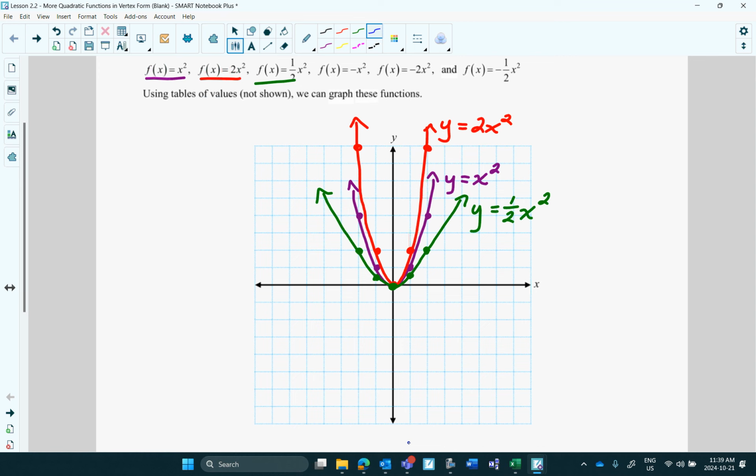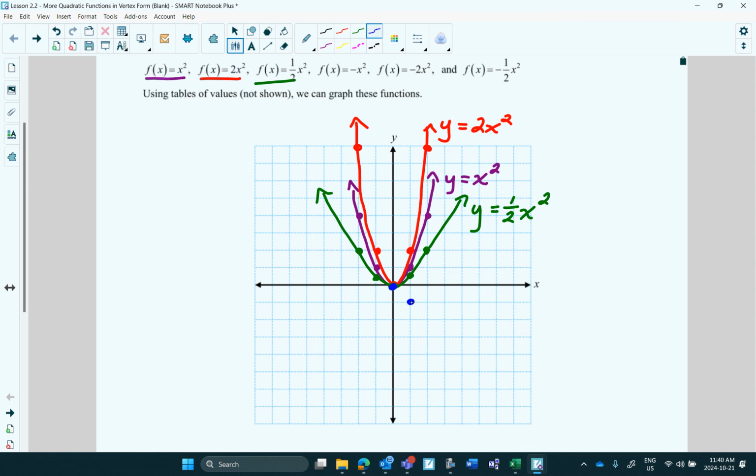Let's go back. Think of the purple one, the x squared. What do you think negative x squared would be? Yeah. Basically, all the y's become negative. So it starts at 0, 0, because 0 squared is 0 and negative 0 is still 0. 1 squared is 1, and then attach the negative after.